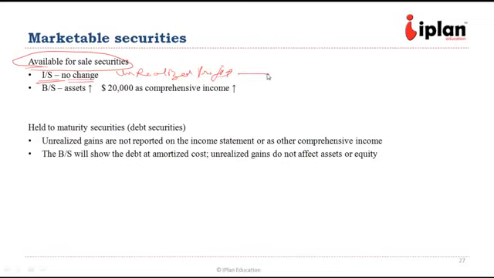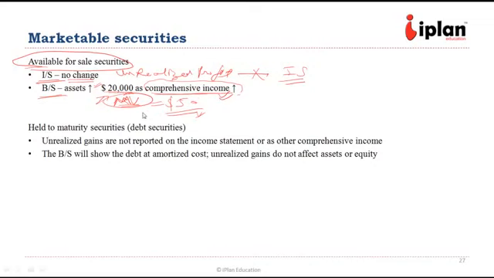The unrealized profit will not be part of the income statement, but the balance sheet should use market value, not the historical cost, but the market value, which was $50 per share. So the extra 20,000 should form part of comprehensive income in the balance sheet. This income of 20,000 is not part of the income statement, but it is a part of the balance sheet in the form of comprehensive income. And because of that, we can show the market value of those securities to be $50.